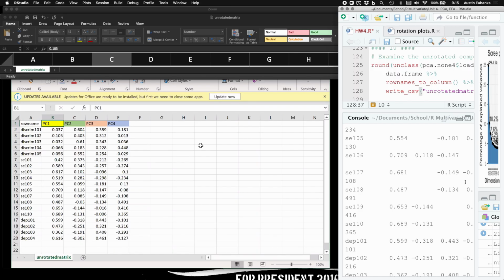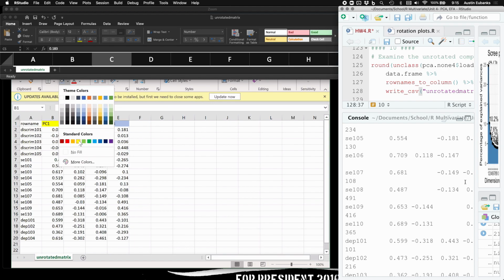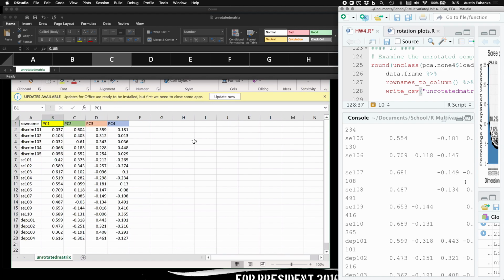So I'm going to start with principal component 1 and highlight in yellow anything that is above a 0.32 absolute value. So what is the first one that we have that actually seems to load on component 1? E1. This one does, so I'm going to highlight it. And actually, this one does as well.